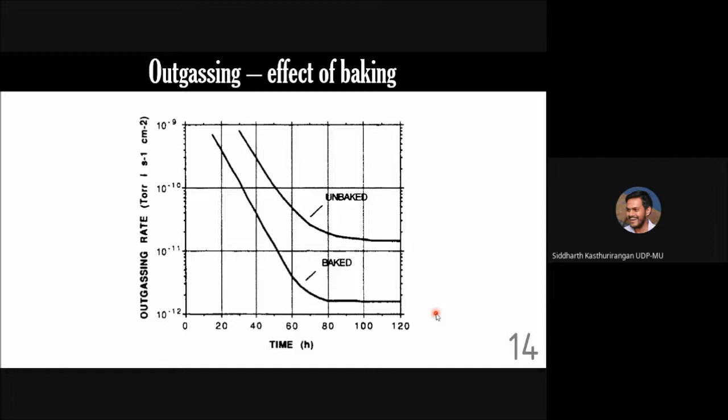Mica is a strange kind of material. It is a good conductor of heat but a poor conductor of electricity, and that heating tape is then wrapped around the part of the accelerator or the vacuum system which you want to degas or bake.